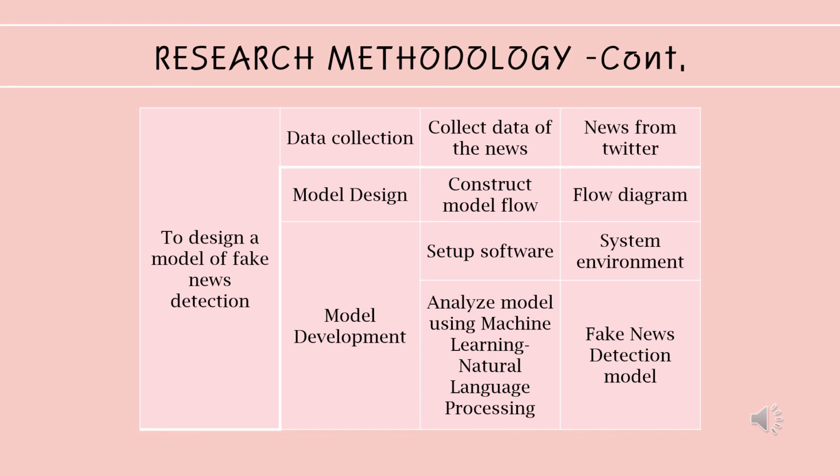The deliverable is a flow diagram. The third phase is model development. There are two activities in this phase. The first activity is to set up software. The deliverable is the system environment. The second activity is to analyze the model using machine learning and natural language processing. The deliverable is the fake news detection model.